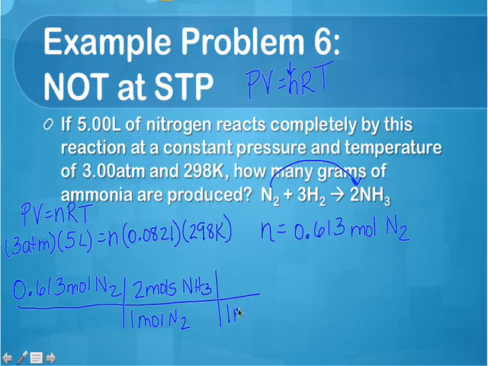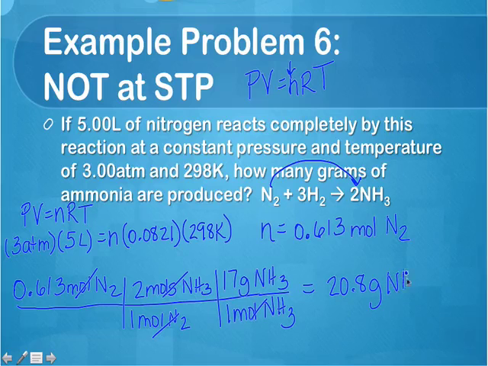And then 1 mole of ammonia, if I add that up, a nitrogen and 3 hydrogens, is 17 grams. My moles of ammonia go away, my moles of nitrogen go away. I do all of that math and we get 20.8 grams of ammonia.